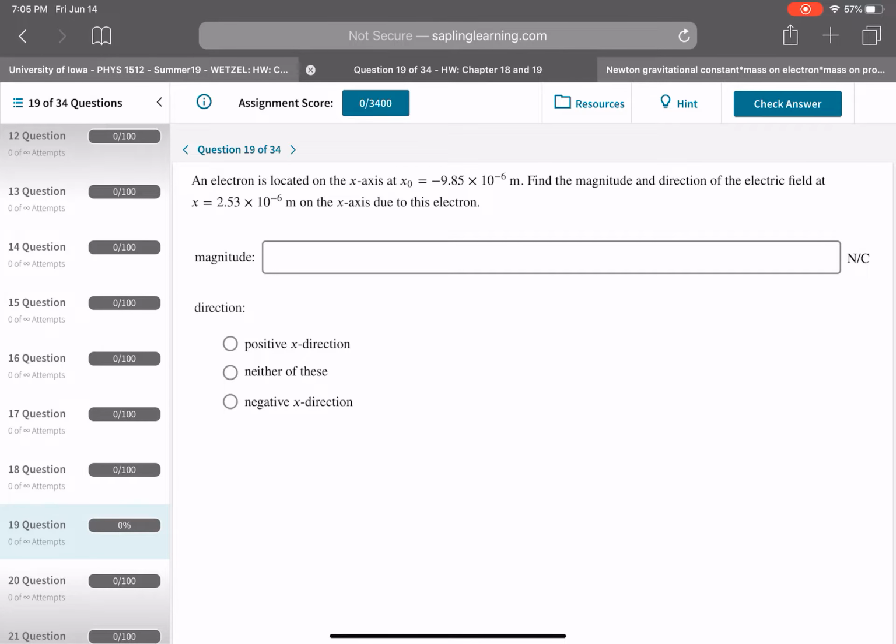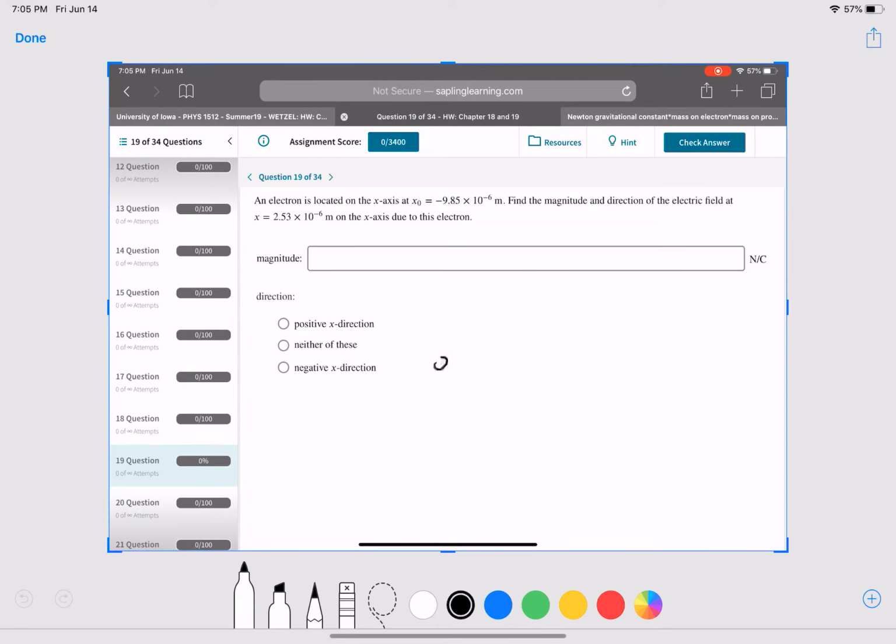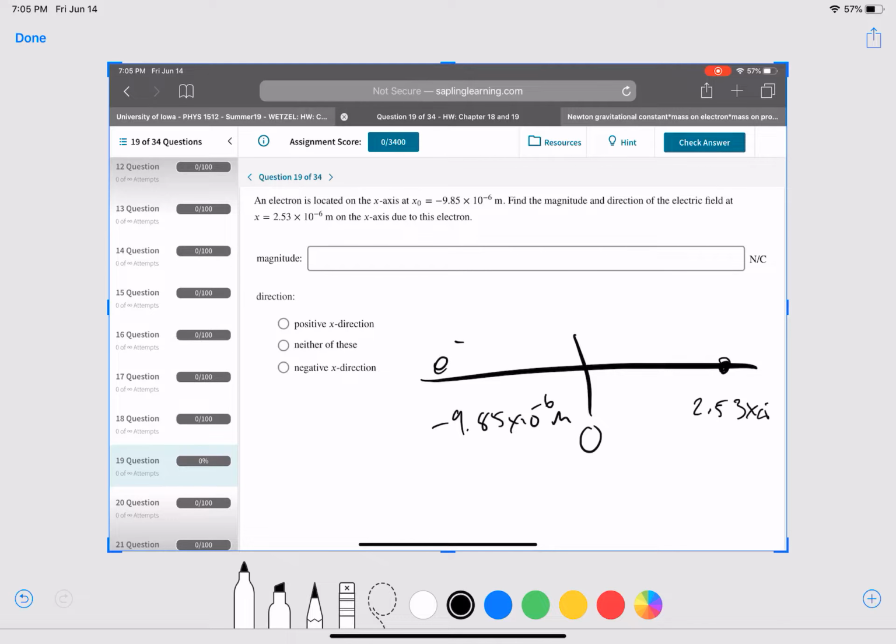Problem 19: an electron is located on the x-axis. Find the magnitude and direction of the electric field at x equals 2.53 times 10 to the minus 6 meters, due to the electron. So we've got an electron here at zero, and we're at minus 9.85 times 10 to the minus 6 meters there, and they want to know the field over here at 2.53 times 10 to the minus 6.